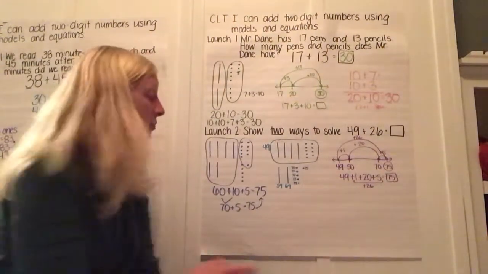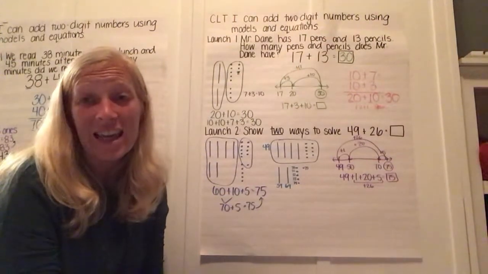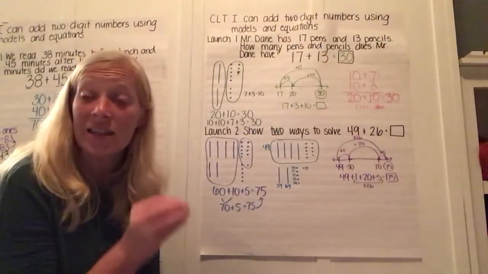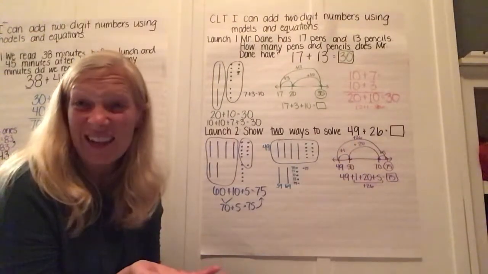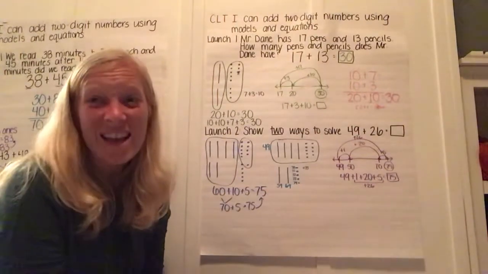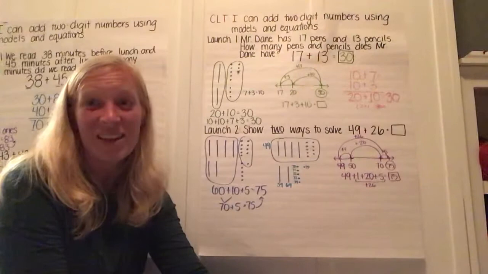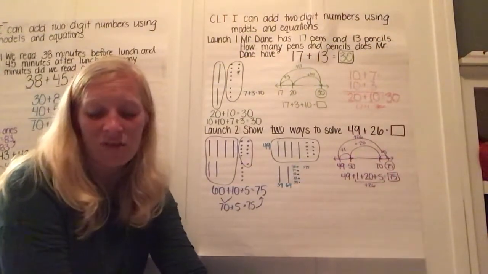For me, this one's not efficient because I'm not always very good about counting on. It's easier for me to break it up into 10s and 1s. But is it easier for me to do it with base 10 blocks or partial sums? Some of us are really fast at writing that number line and chunking up that second number. And that might be the most efficient strategy.